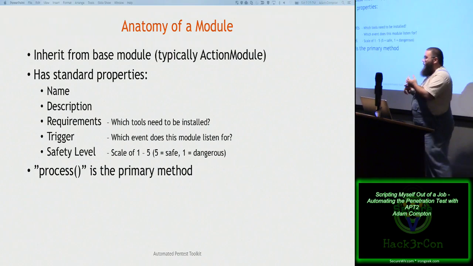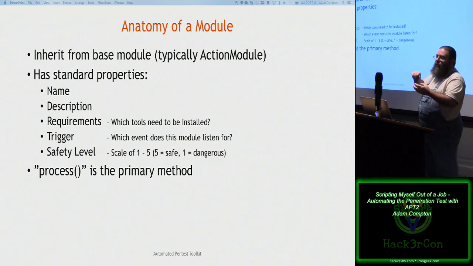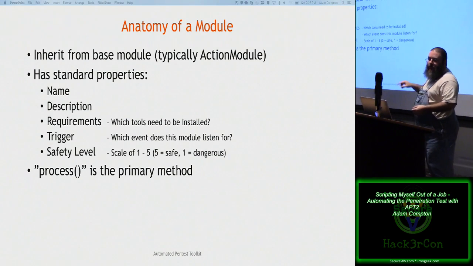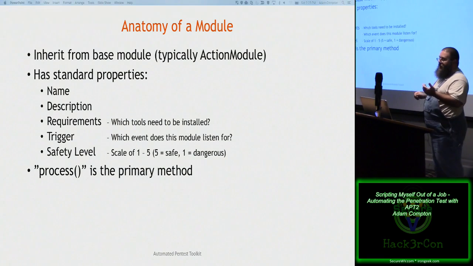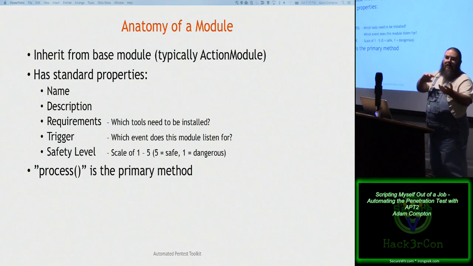Action modules, the meat of it, are the part that does all the actual work of the application. They inherit from a parent class, in this case, action module. And there's the metadata part of it, the header part, which has the tool name or the module name, a description of it, what requirements it needs, such as it needs Nmap or it needs rpcinfo or rpcclient or something like that, whatever tools are necessary for it.